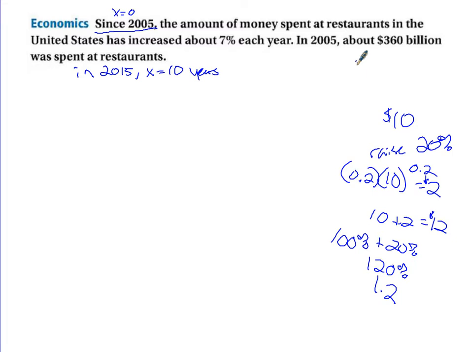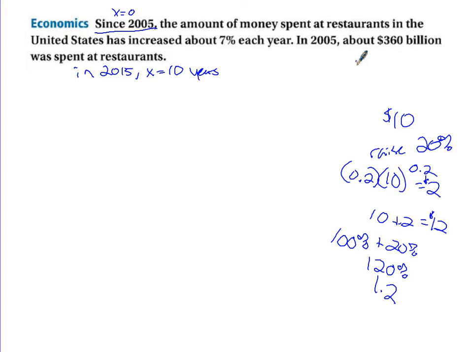If you spend $100 at a restaurant per year, how much money are you going to spend the next year based on what this is saying? What? $700. That would be an increase of 700%. Probably not right. $107. Because 7% of $100 is $7.